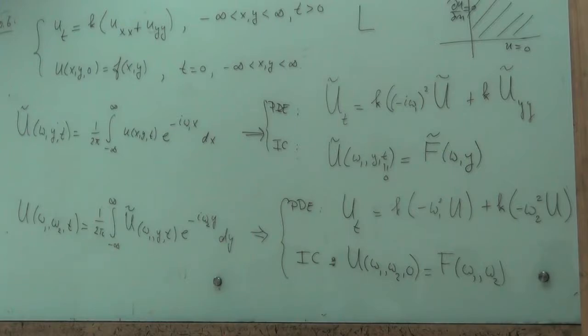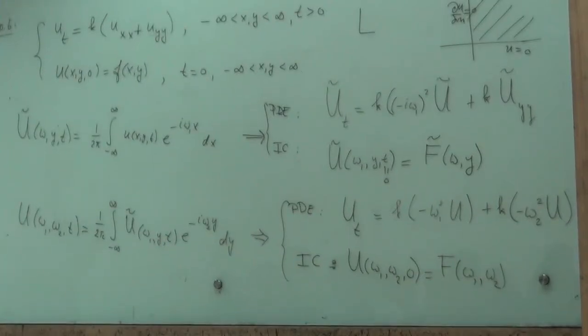So I did it now in 2 steps, but if you have variables that are running from minus infinity to infinity, you usually say, I do this in 1 step, and then you write down the following.